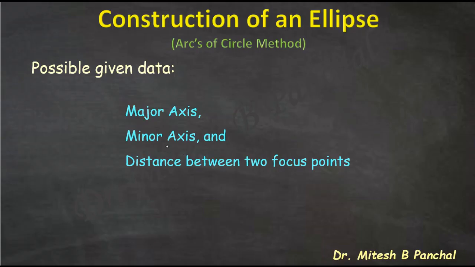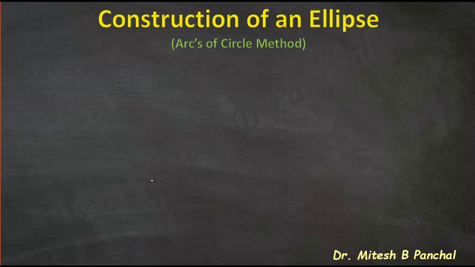Now we are clear with the procedure of how the third parameter or the third data can be obtained from any two of these three. Okay. So once that is clear, then we can start the construction. Suppose major axis and minor axis are given. So draw the major axis as a line AB.